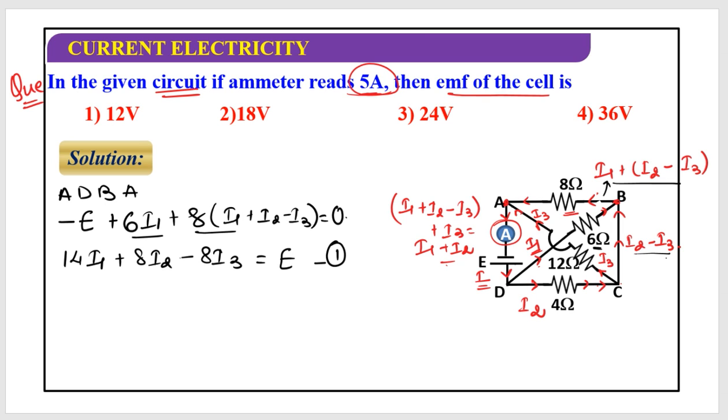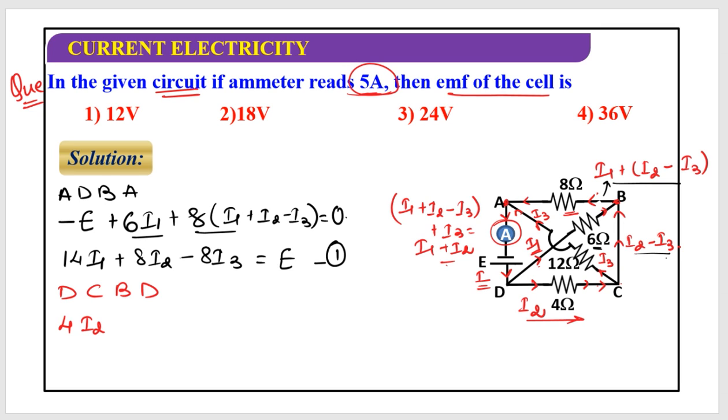Now let's find the second relation. We are going to write the loop for D, C, B, D. So this is 4 into I2. We are moving in this path, current is moving in that path only.